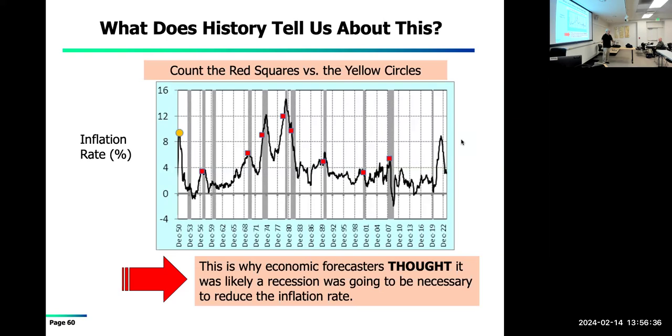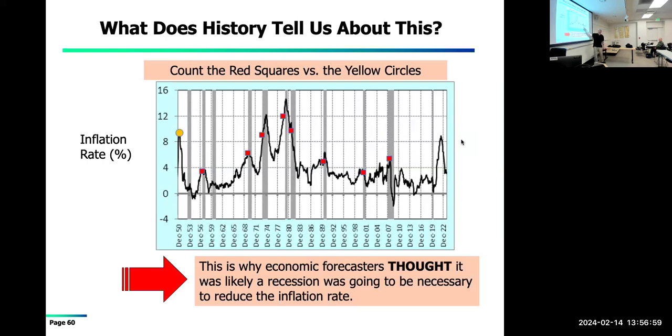One can get into academic debates as to what the data actually says, but just look at what it is telling us, which is the reason you don't want higher inflation is because the public doesn't really want higher inflation rates. The policymakers don't really want higher inflation rates. And if you let it get out of hand, you're going to generate a recession in most cases.